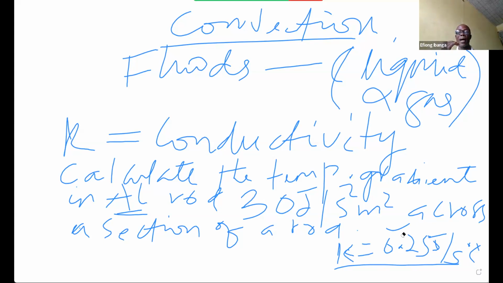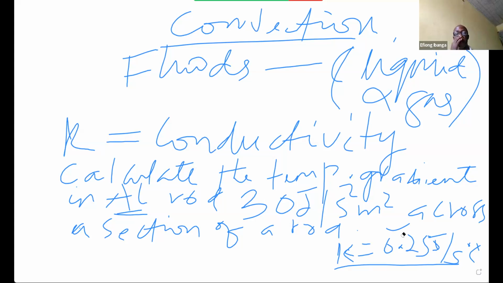In other words, the molecules can undergo some level of translational motion from the mean rest position. There is motion of the molecules from place to place, quite unlike what happened in the case of the solids. I hope you understand that. That is the main difference between heat transfer by conduction and heat transfer by convection.